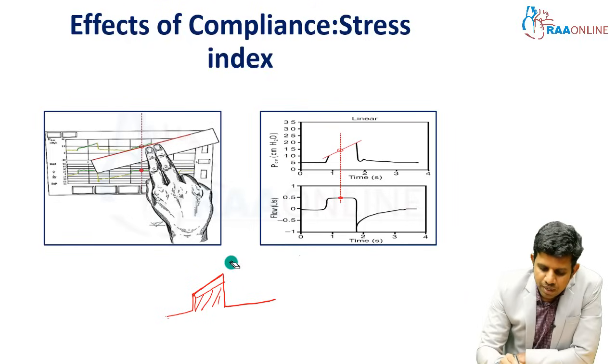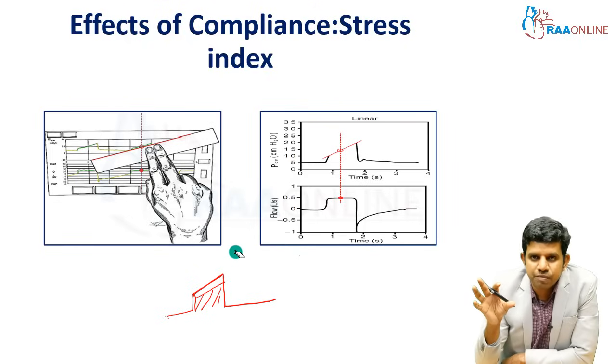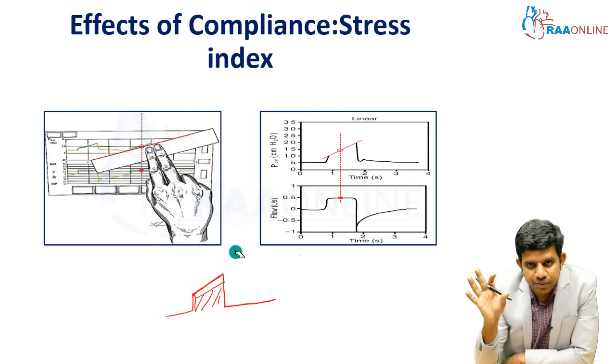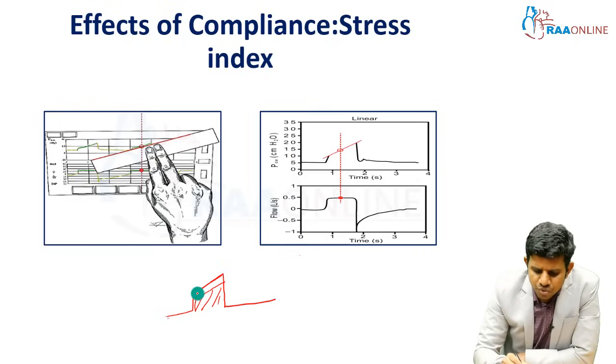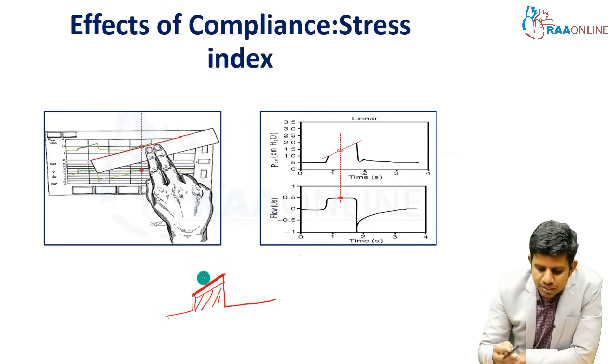Normally our elastance will be constant, that is, compliance will be constant during the whole inspiration, which means there is no recruitable lung. So the pressure time slope will be flat, with no concave or convex shape.